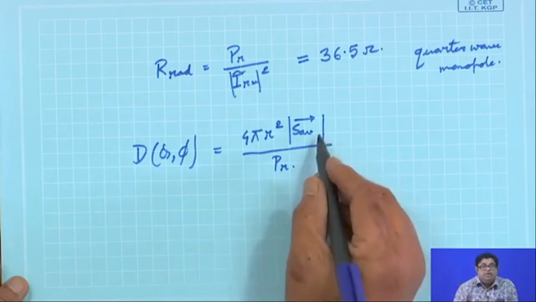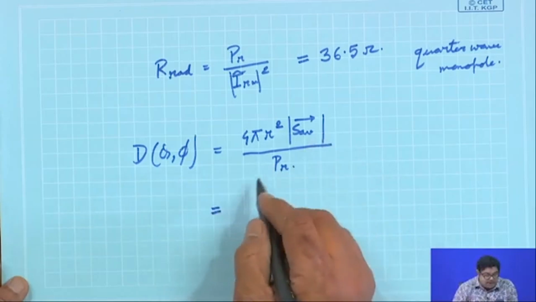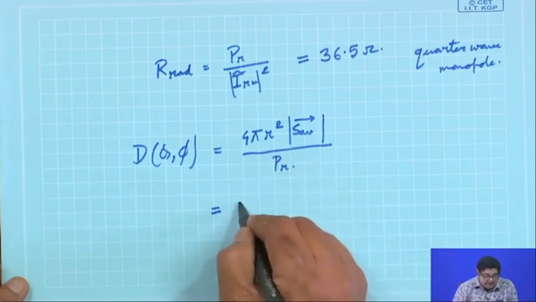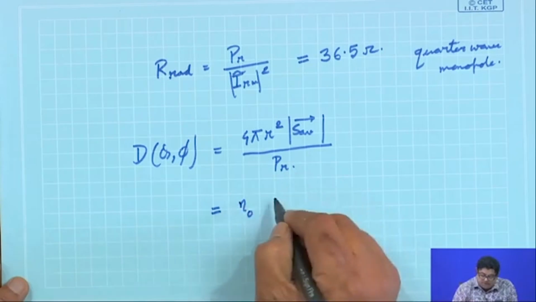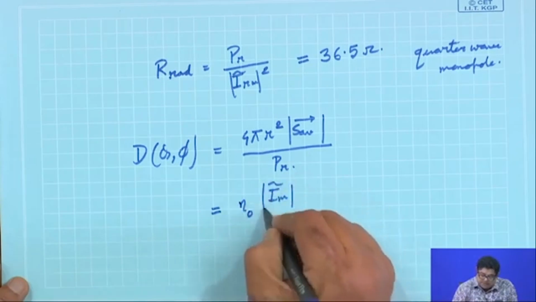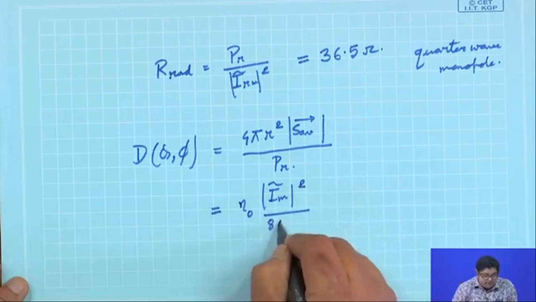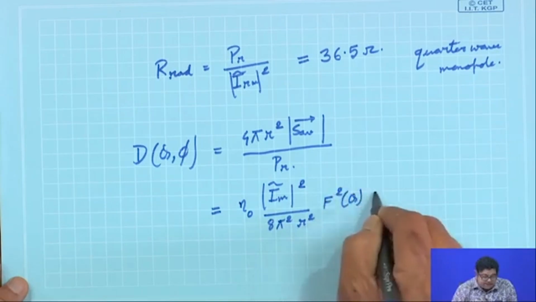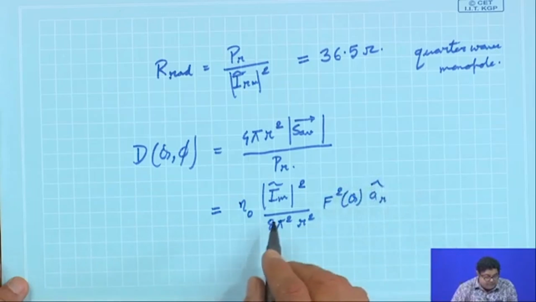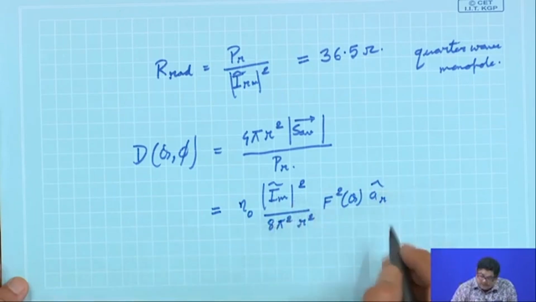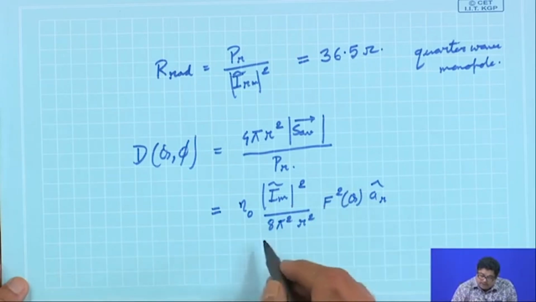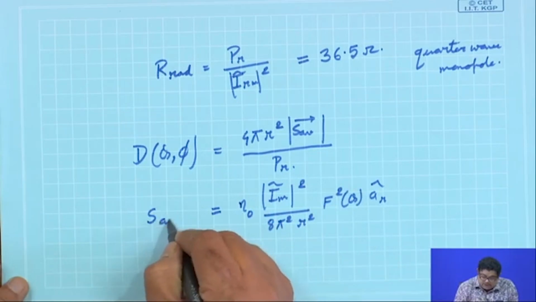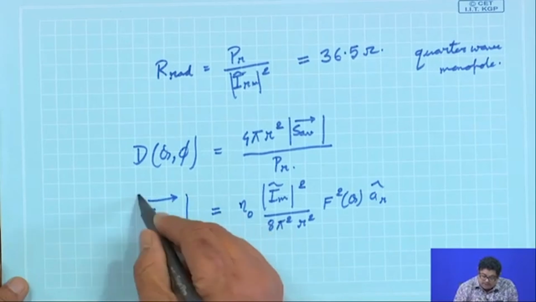So, for the dipole we have calculated all this. If we put these things together, you will get eta naught I m squared by 8 pi squared r squared times f squared theta a r, which is the S average portion, the average Poynting vector.